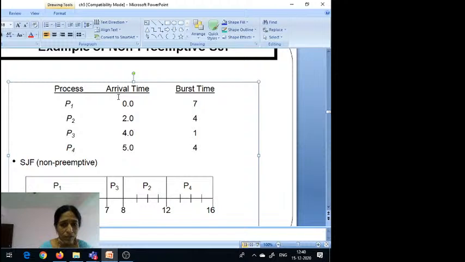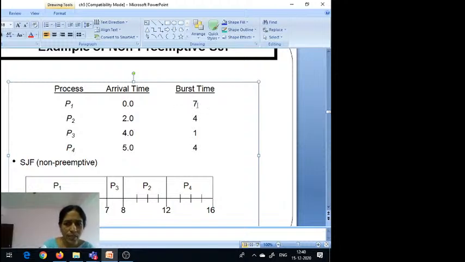If arrival timings are given in the question, first the shortest job would be processed, but in this case the shortest job enters at 4 milliseconds. After the CPU starts, only after completion of 4 milliseconds does the P3 process enter the CPU. But at arrival time 0, the P1 process enters the CPU.